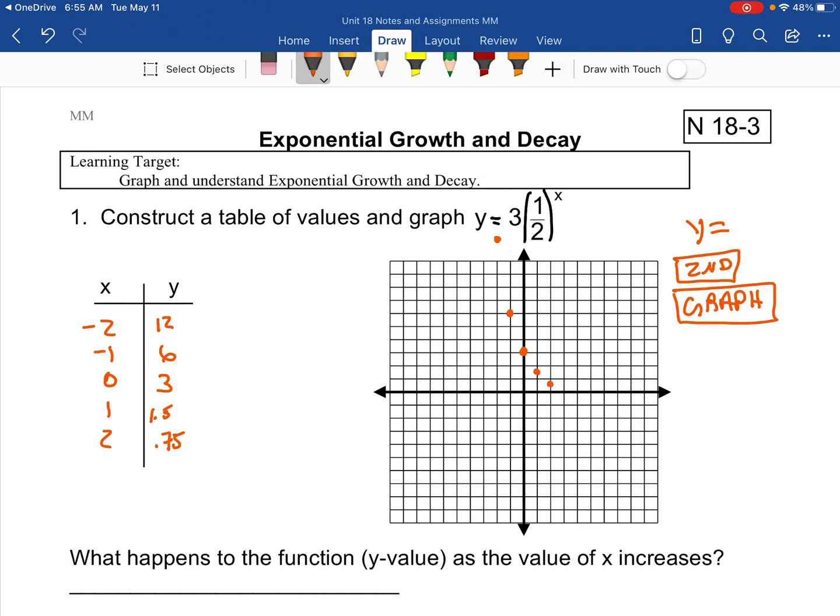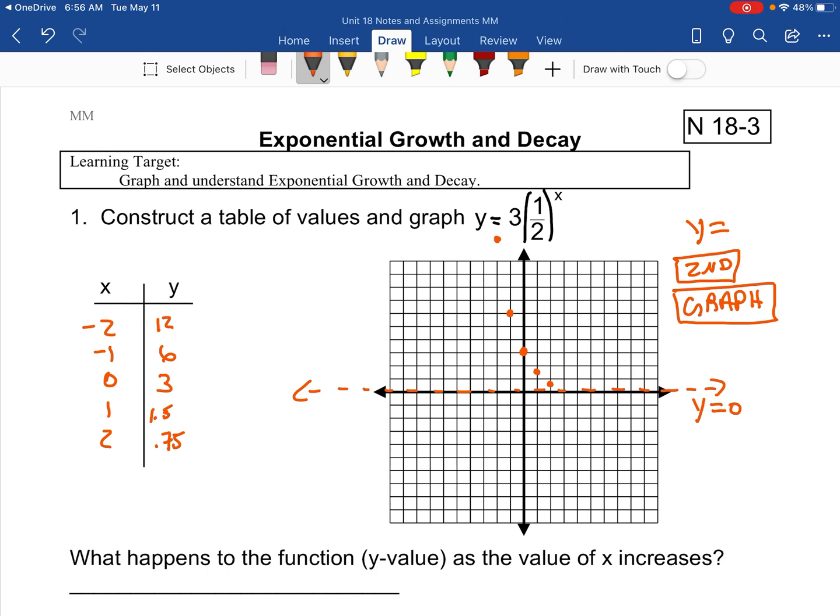And what's happening is the y value cannot be 0, so there's no value that we could plug in for x that would make y 0. And there's also no value that we could plug in for x that would make it negative. So it's going to approach the x-axis, which is y equals 0, but it'll never touch it.